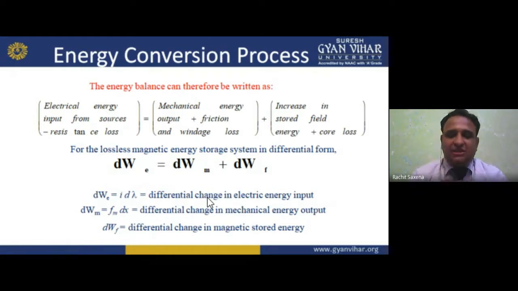We consider them loss free: no copper loss in the electrical field, no friction and windage loss in the mechanical field, and no core loss, that is hysteresis and eddy current loss, in the magnetic field. So we can make a simple equation: dWe equals dWm plus dWf, that is i d lambda, Fm dx, and dWf for the magnetic field. I hope you understand this.